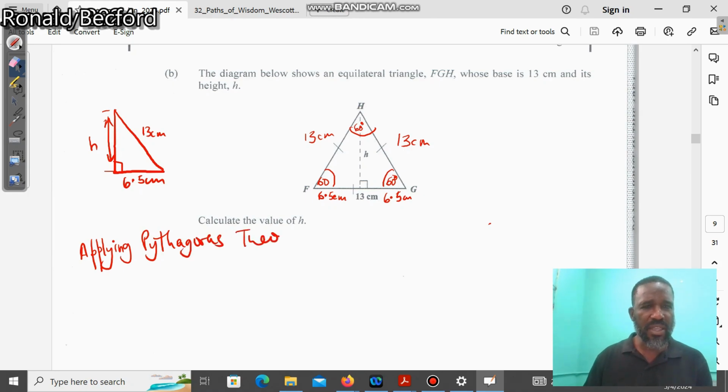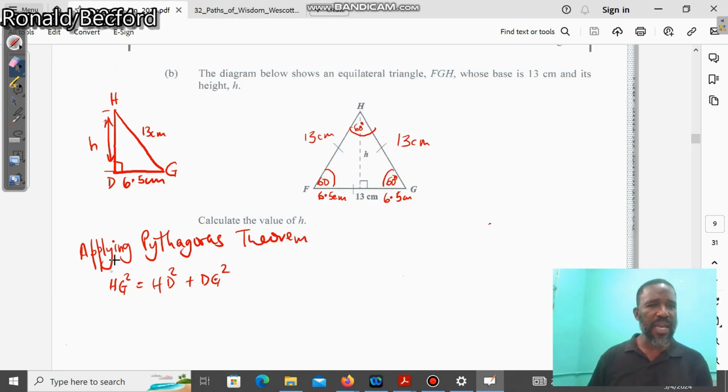so if we apply Pythagoras' theorem, what do we know? That the square of the hypotenuse is equal to the sum of the squares of the other sides. So let us call this side d just for argument's sake. So it means that HG squared is going to be equal to HD squared plus DG squared.